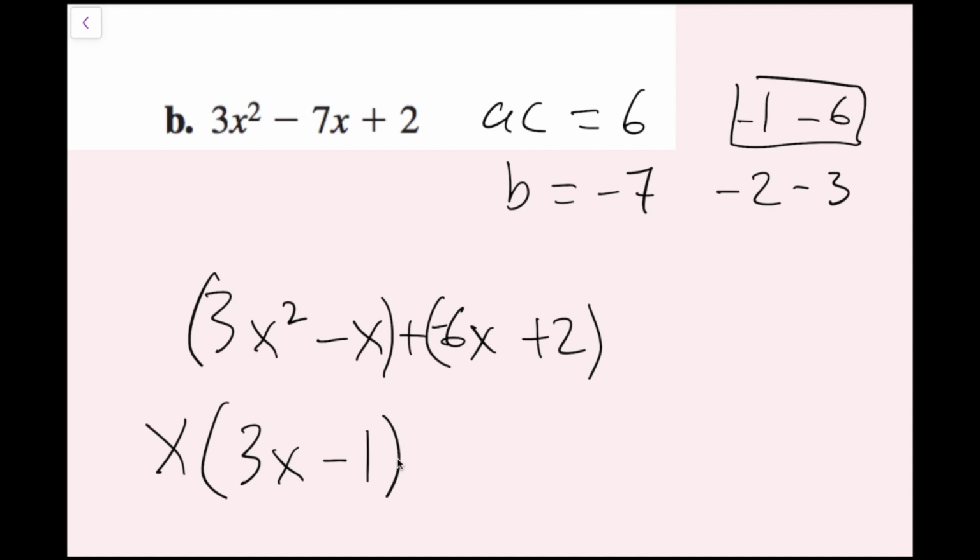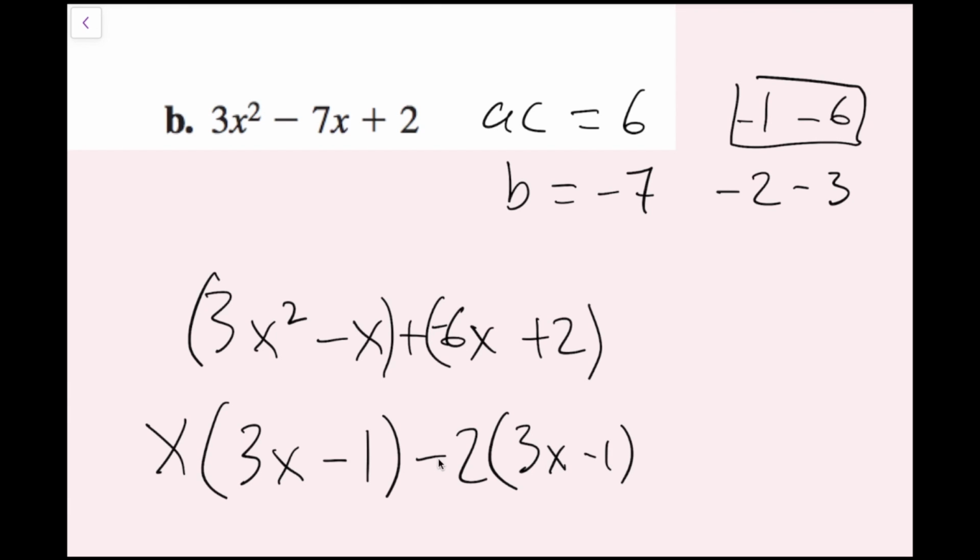Okay, we want this 3x minus 1 to show up over here. And if I factor out just a +2, I'm going to get -3x plus 1. Okay, then I have to factor out a negative. So I'm going to factor out a -2. So I get -2 times, and then what's left here is 3x. And then what's here is going to be -1.